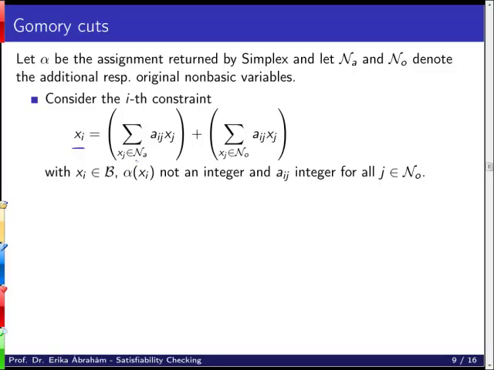And these are the additional variables, and these are the original variables. So this is the row defined by my simplex tableau. And we assume that for the original variables all coefficients are integer. So these are integer coefficients.